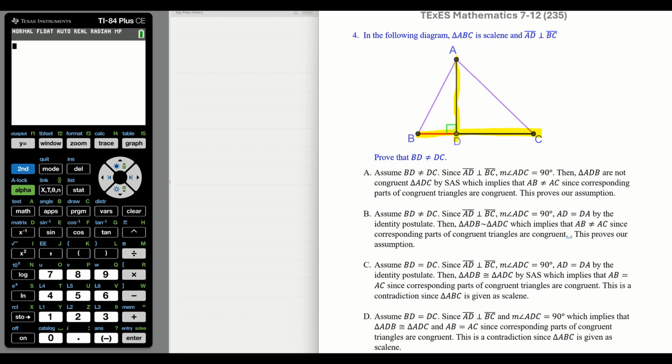There's more than one way. Okay, and it says prove that BD, that's this right here, is not equal to this DC. Those two segments are not equal. Just because we have a picture and we have a visual doesn't mean that we can just say that, okay? We have to come up with some kind of a proof.